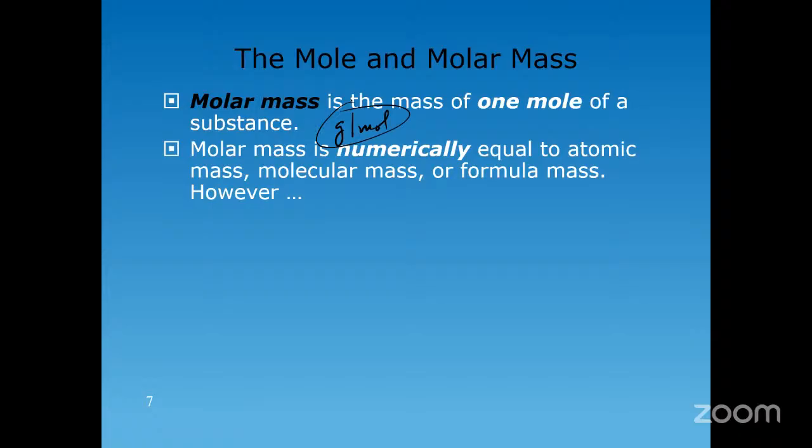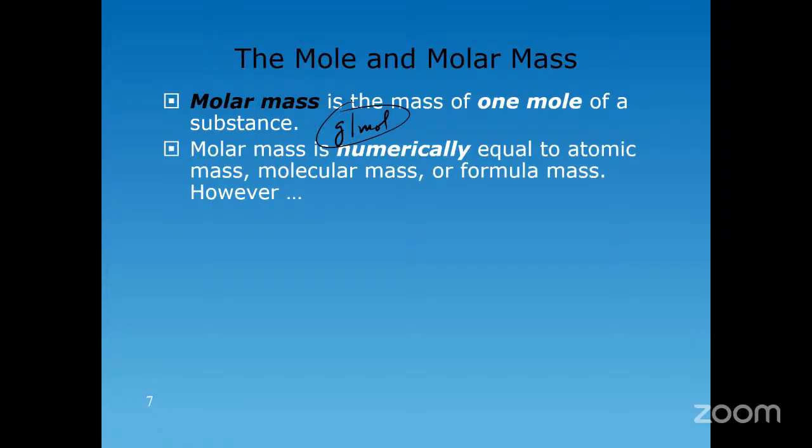So for example, sodium: if you consult the periodic table, you see that sodium has an atomic mass of 22.99 AMU. Well, the molar mass of sodium is 22.99. The difference, however, is that the molar mass will be expressed in grams per mole, while the atomic mass will be expressed in AMU.